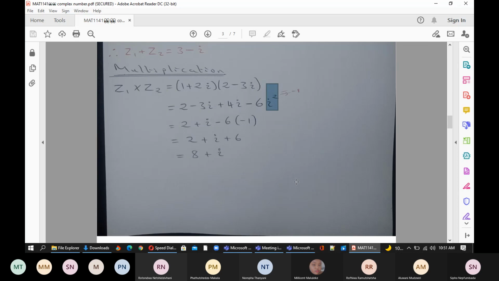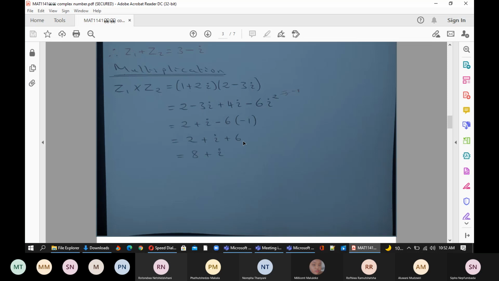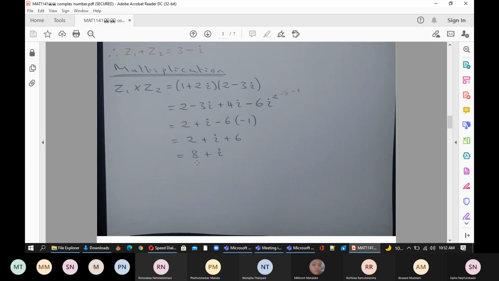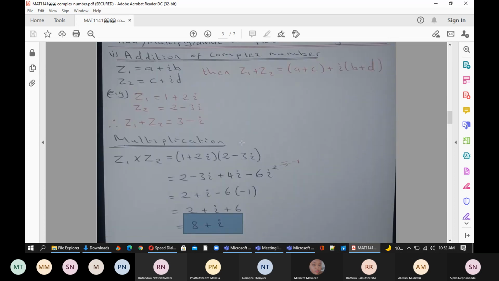Therefore, you simplify 2 plus i minus 6 times minus 1, which is positive 6. You group the like terms, this one and that one. Therefore, you get this result. Any question on addition and multiplication of complex numbers?